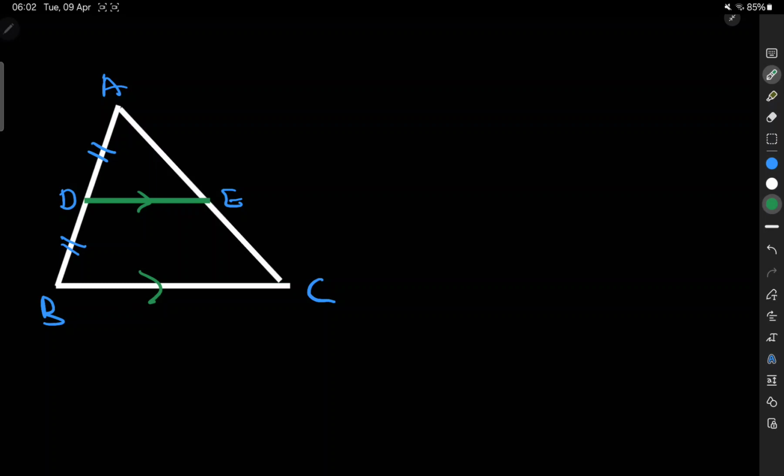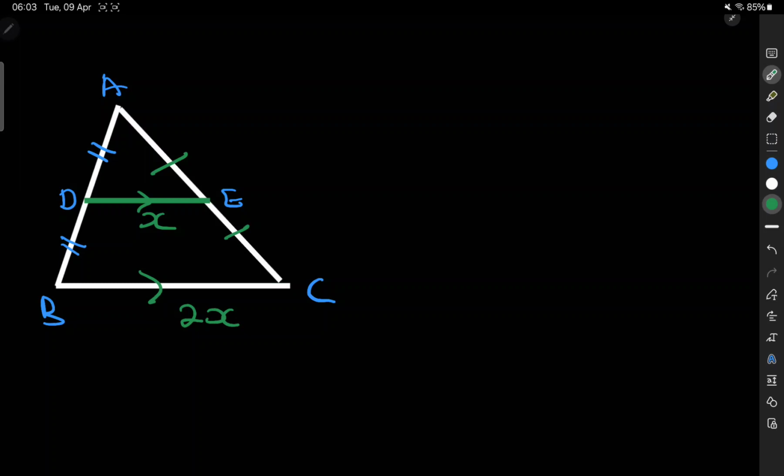The converse states that if the line DE bisects one side of the triangle and is also parallel to the third side, then we can conclude that it also bisects the other side, which is AC in this case. But not only that, we can also conclude that DE will be half of BC. So if DE is X, then BC will be 2X.